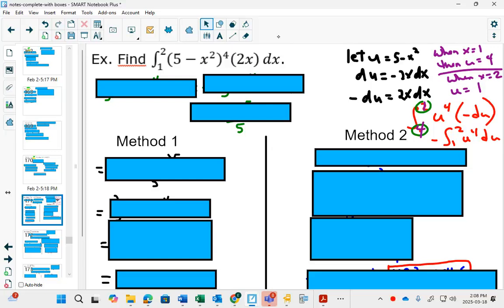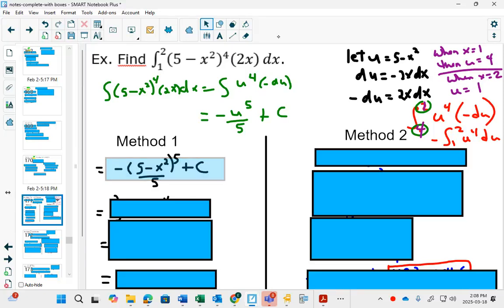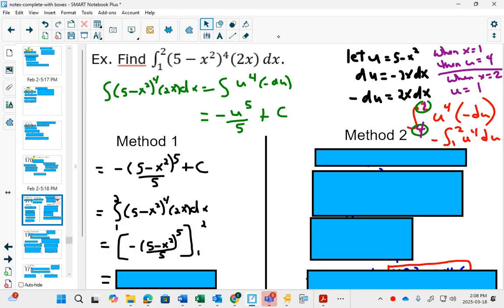Method 1 for avoiding the error is don't write the bounds at all. If I don't write the bounds at all, I can do my substitution, no problem. And when I do my substitution with no bounds, I would have to write a plus c. And then I could substitute back and then start again with my bounds and say, I figured out the integral of this was negative 5 minus x squared over 5 from 1 to 2.